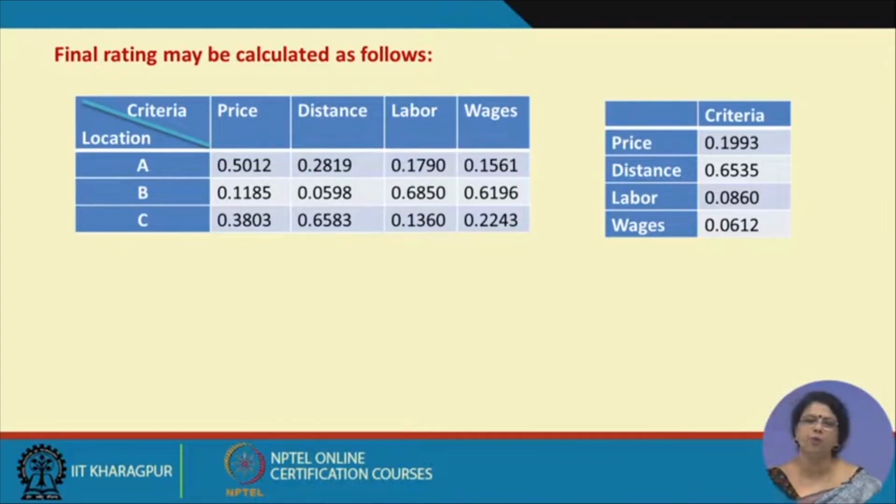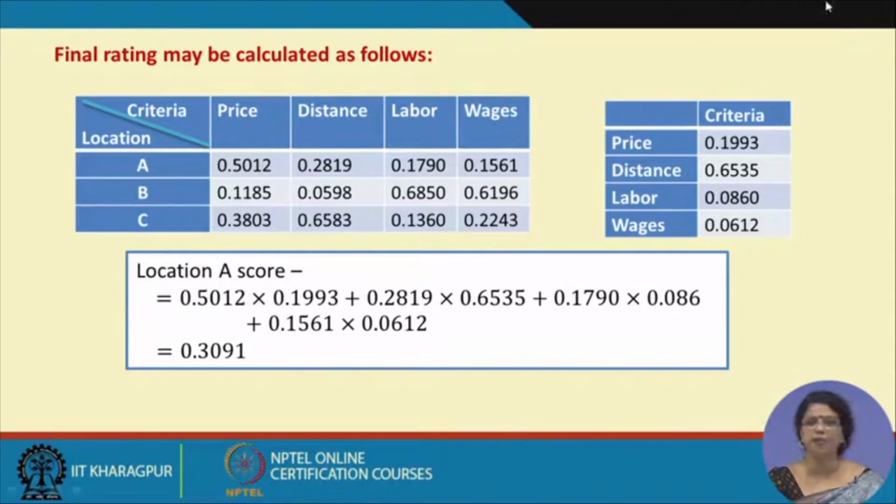This is a very popular method and very easy to do, but one restriction is that if we do not have information of this kind, where the people are giving their opinion on a certain scale from 1 to 9, this methodology is not applicable. We have several other methodologies for multi-attribute decision making problems, and those will be applicable.